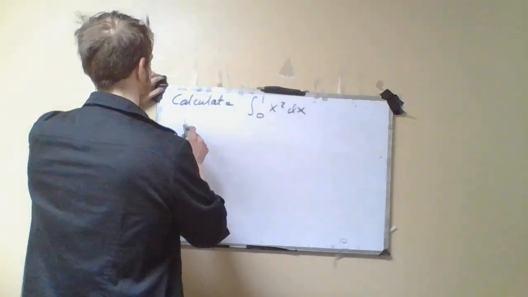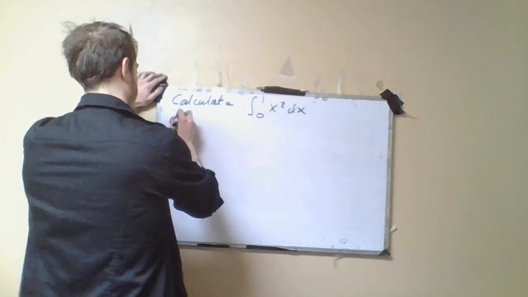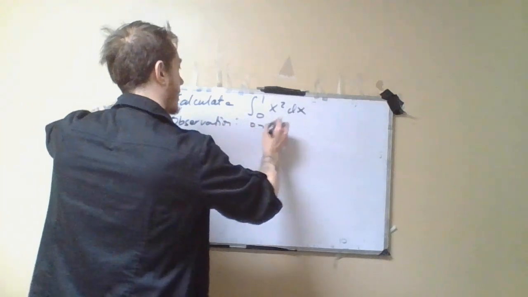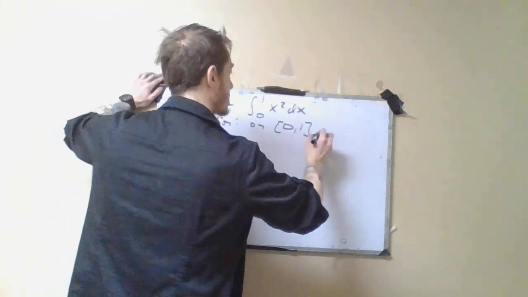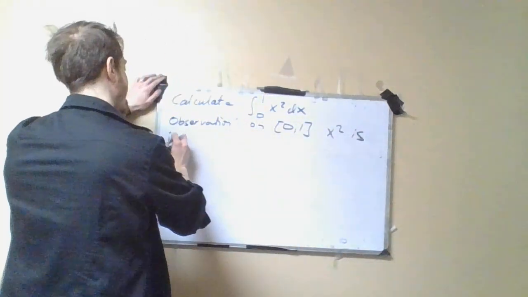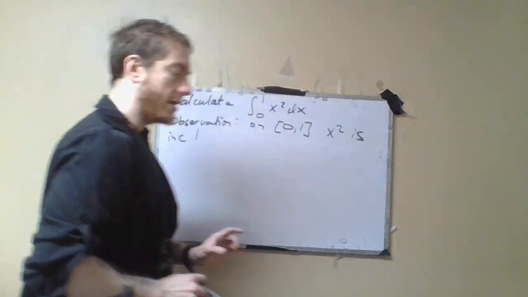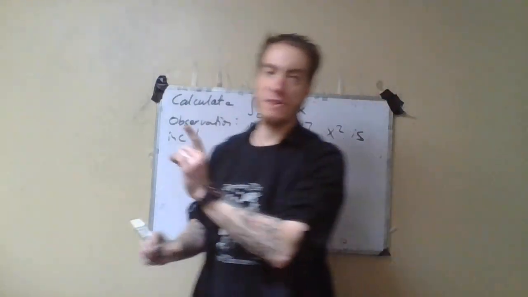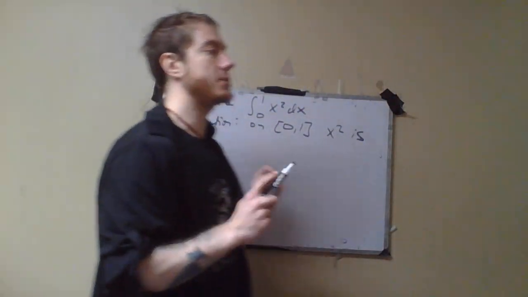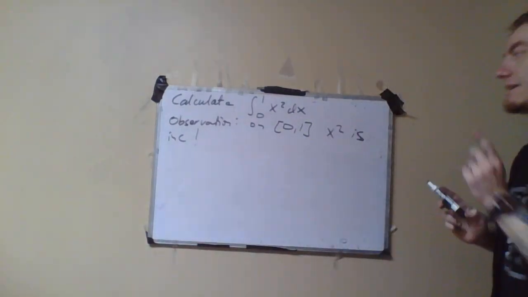Here is my observation that I'm going to make to start with. On the interval from 0 up to 1, x squared is increasing. Now, that may seem like a trivial observation. It's not that difficult to make, but it's really important. It's going to help us a lot. And here is why.